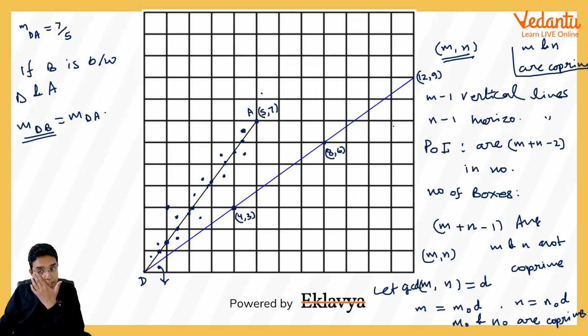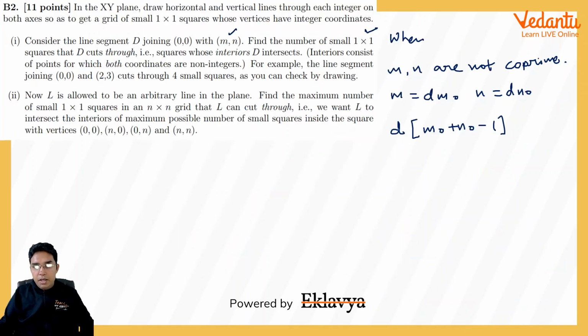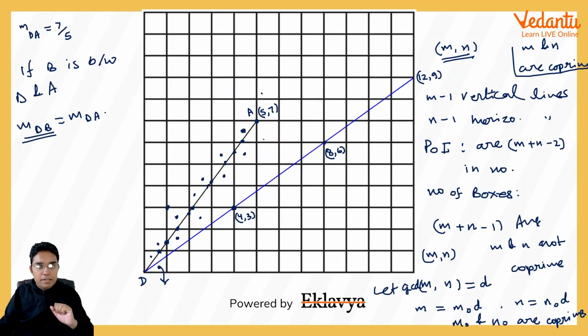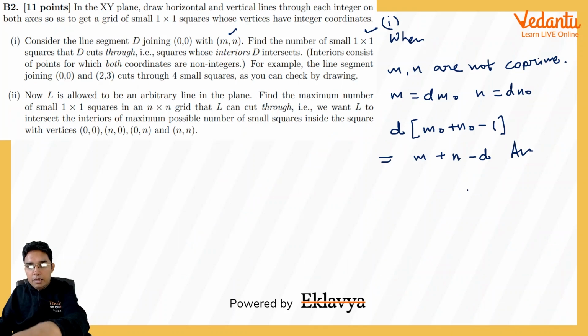Because if m naught, n naught are co-prime, then the number of boxes this line will be intersecting is this thing, and it will be happening D times. So D into m naught will be m, D into n naught will be n, minus D. That is the answer for this first part. Okay, for the first part there are two answers. One is this, m plus n minus 1, and another one is this.